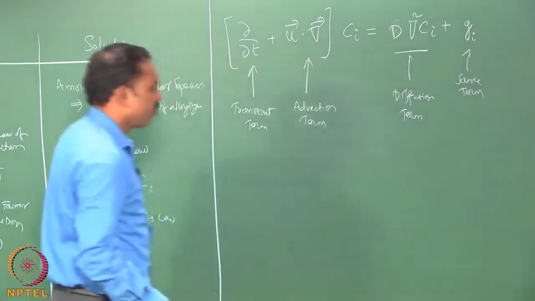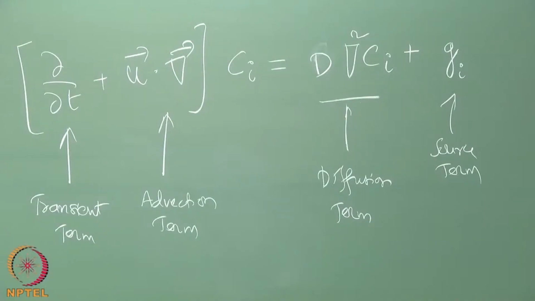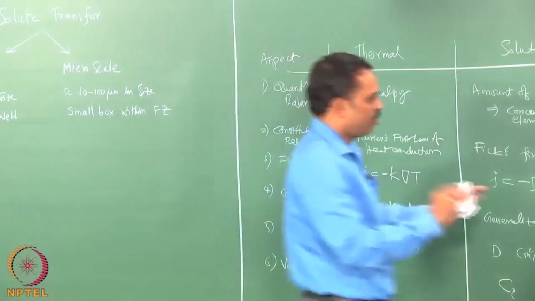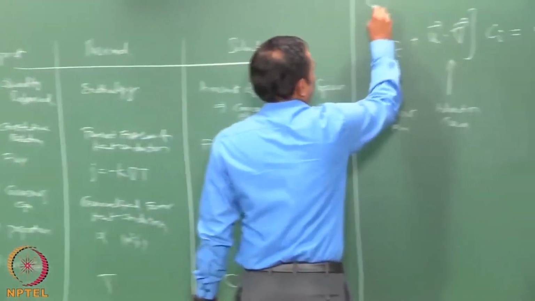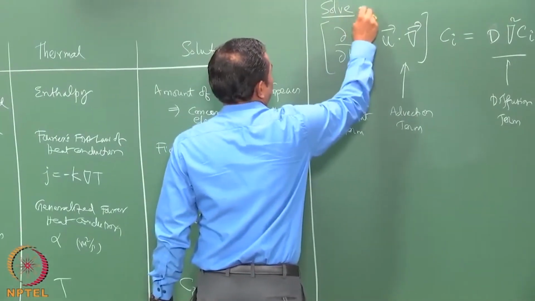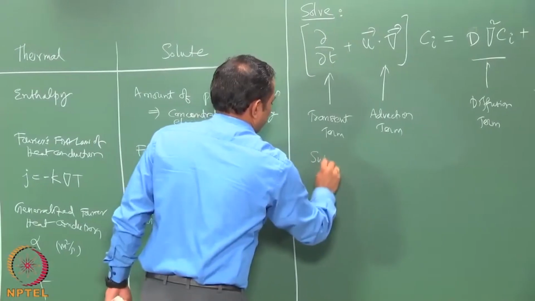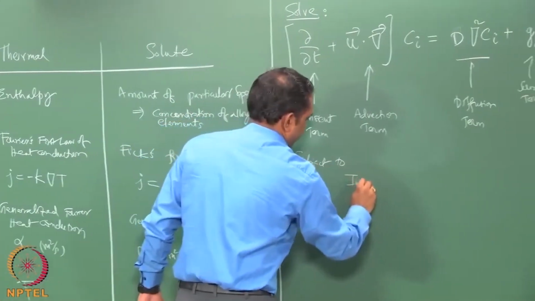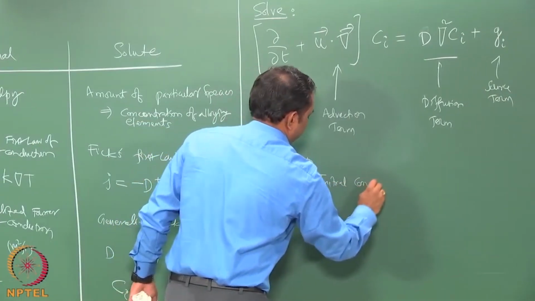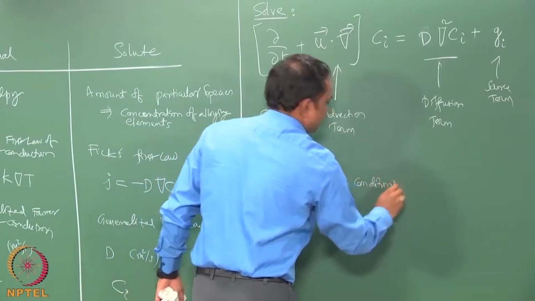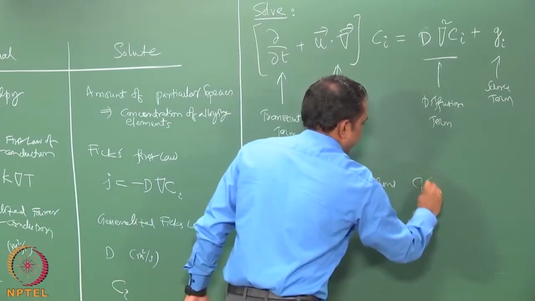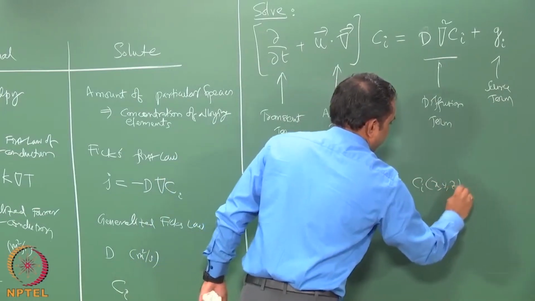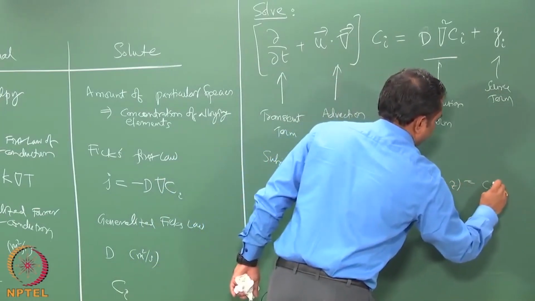So, if you want to solve for the solute transfer at the macro scale, then what is the problem? The problem statement is as follows: solve this equation subject to the initial conditions, which is nothing but Ci at x, y, z is known.